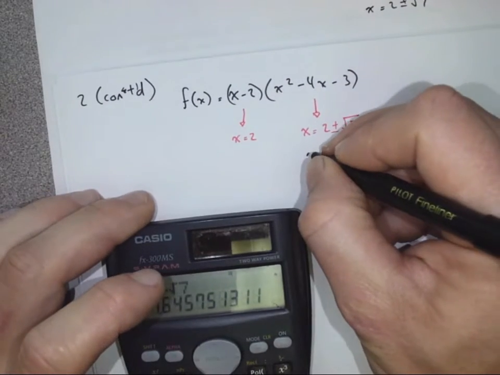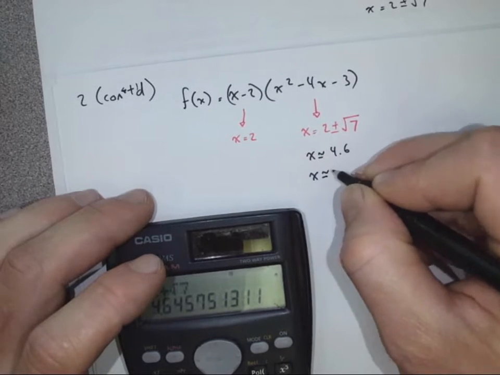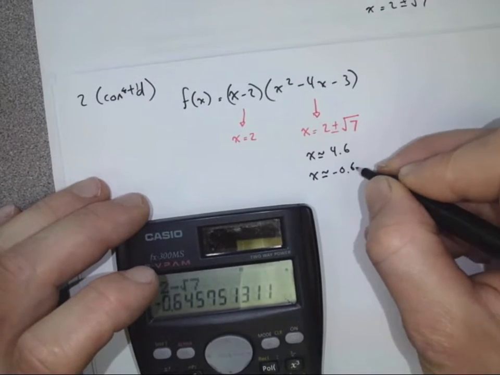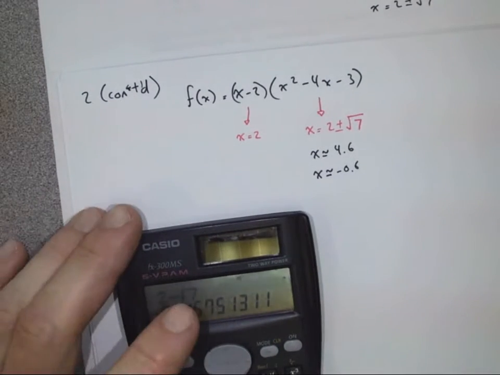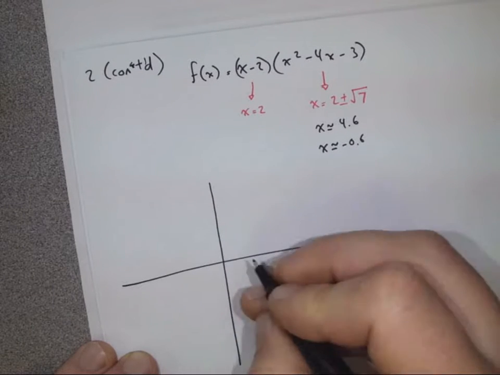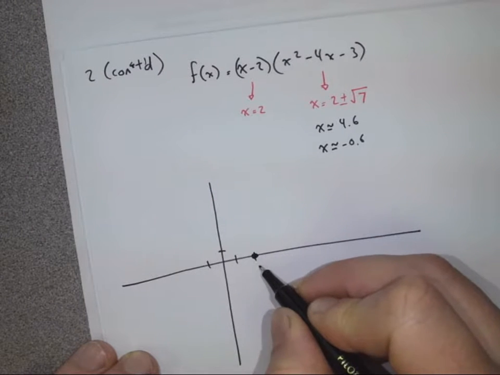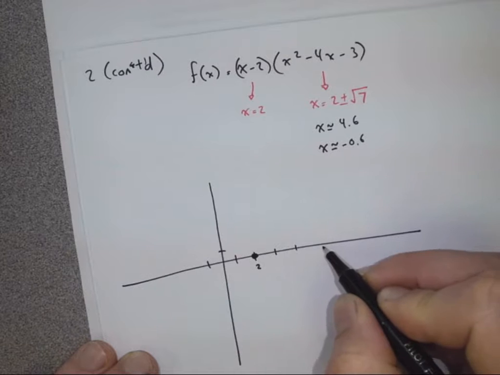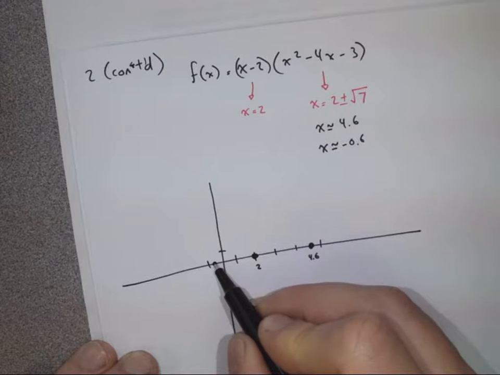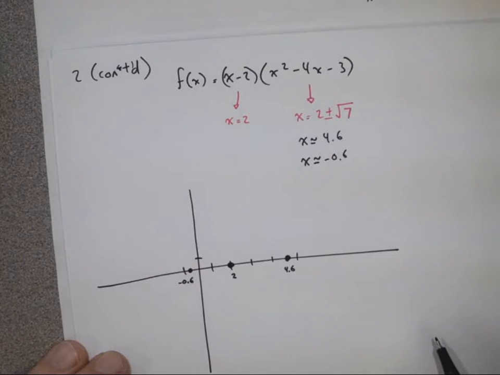Okay, so x is approximately 4.6, and x equals 2 minus root 7, which is approximately negative 0.6. Okay, so now I can sketch those as x-intercepts. So I'll go ahead and sketch this out. I've got an x-intercept at 2, an x-intercept at 4.6, and an x-intercept at negative 0.6. Okay, and that gets me started.